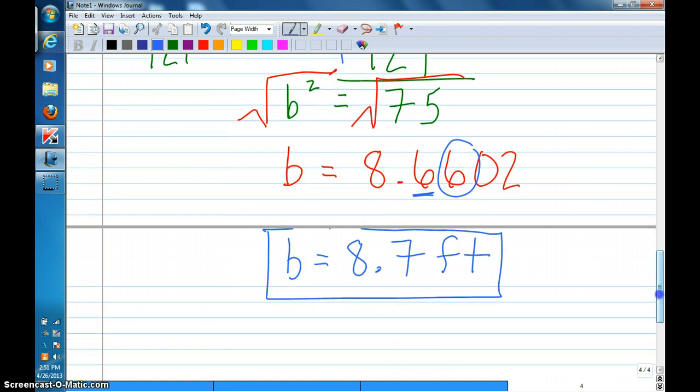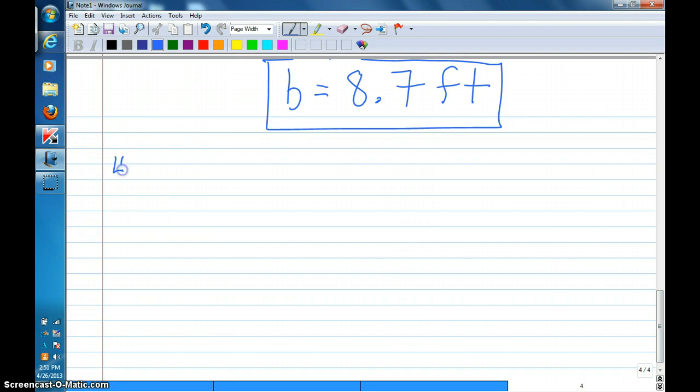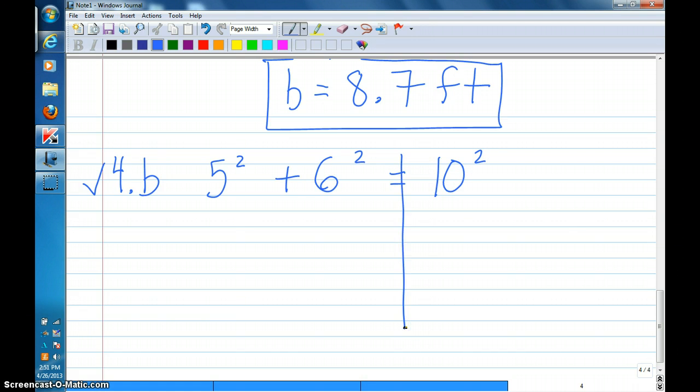The last example in this lesson for the Pythagorean theorem is where they give you three sides of a triangle and you have to tell us, would it form a right triangle? Look at example 4. I'm going to try the check for 4b. They say 5 millimeters, 6 millimeters, and 10 millimeters, and explain whether that would form a right triangle. I'm going to plug that into the Pythagorean theorem, and I'm going to plug in the highest number as the hypotenuse, because that would be the only way it would work.